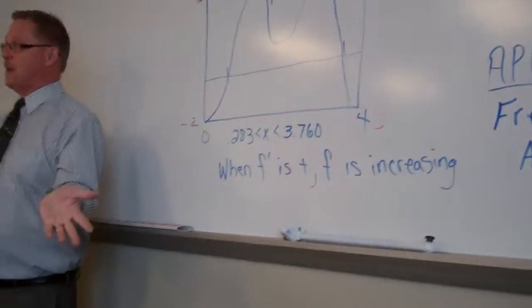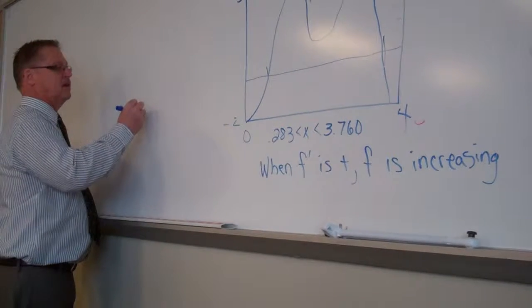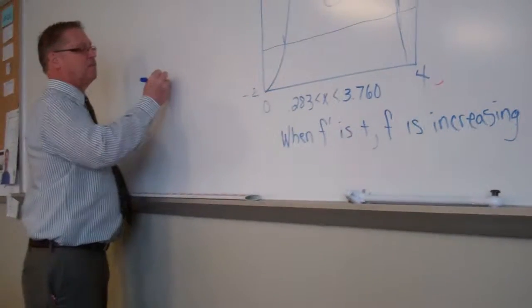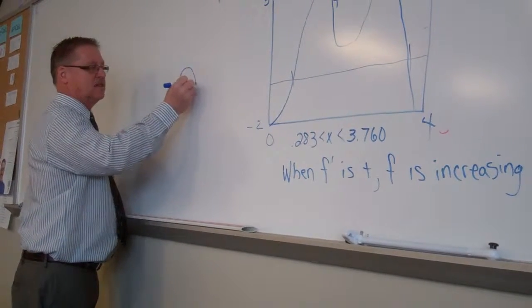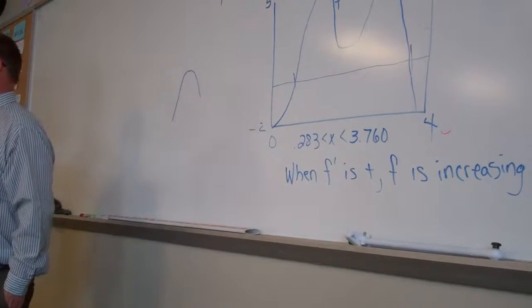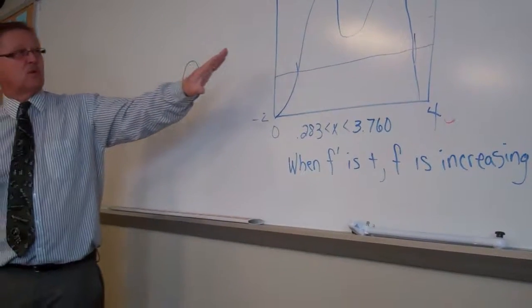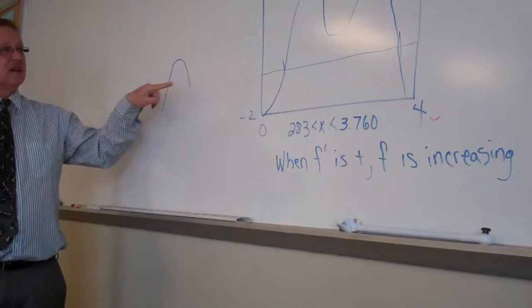Well, remember on the original f, if its slope is going positive, and then the slope is 0, and then the slope is negative, that would be a sign of a max, right? So we're studying this, where was the slope positive, and then switched to negative?